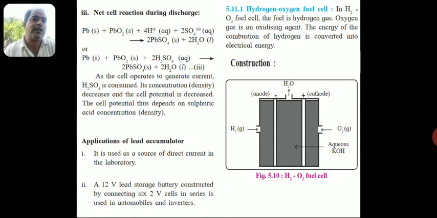Then at the center is aqueous KOH, again shown by an arrow. There is another white line, that is the cathode electrode, the positive one. And from the right-hand side there is an inlet, that is O2, the oxygen inlet.